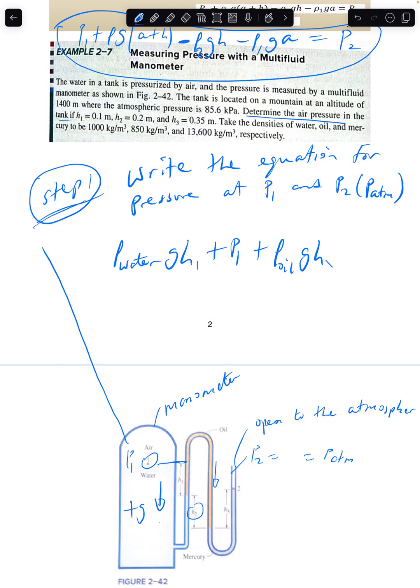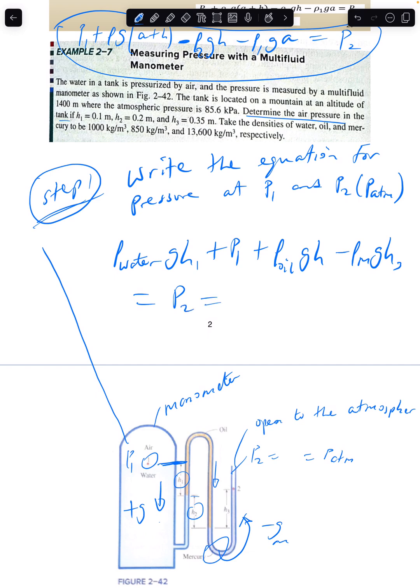Remember, this is the reference height we are using, H1, and this is for oil. Oil is H2. Now we have mercury. Mercury is going upward, so we have negative G for mercury. Therefore we have a negative pressure variation, which is density of mercury G H3, equal to P2.